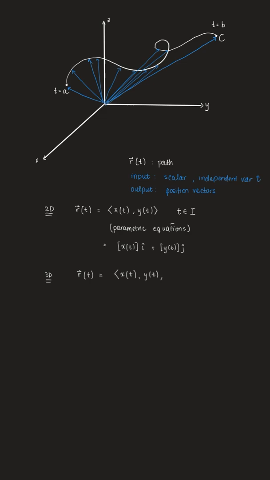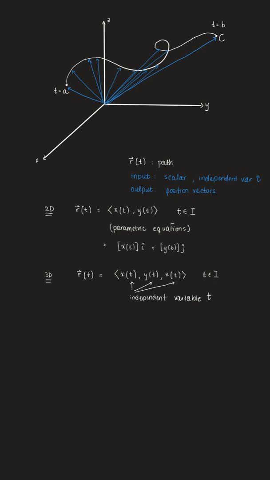And the head of that vector will land us on a point on the curve. t is still within some parameter interval. t is our parameter, so one independent variable, and each of the components depends on t. All right, so that is what vector functions are.